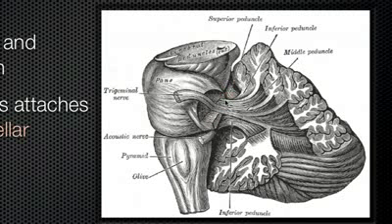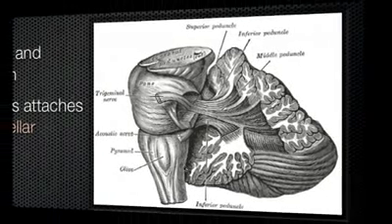And of course, they're going to connect to different regions. The superior peduncles are going to connect to the upper pons. So here we have the pons, and that's connecting to the upper pons. The middle peduncles are going to connect it to the lateral aspect of the pons. That's right here. And then the inferior peduncles, it's going to connect to the dorsolateral surface of the upper medulla.